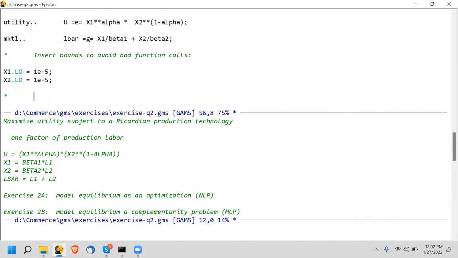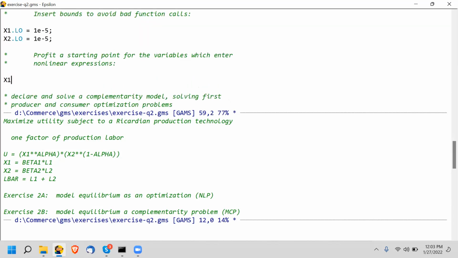And provide starting point for the variables which enter nonlinear expressions. That's going to be x1 dot L is equal to 1, x2 dot L is equal to 1.